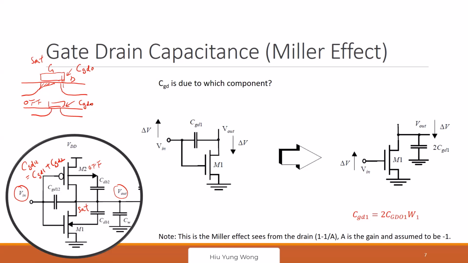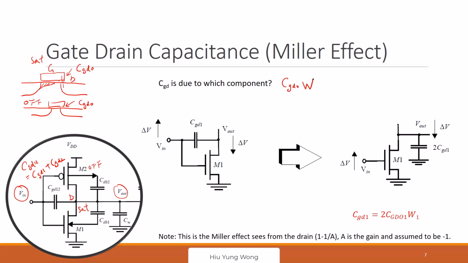So CGD12 is CGD1 plus CGD2. Remember, this one is in saturation and this one is in the off state. Then, of course, both of them are due to CGDO times W. Is this okay?